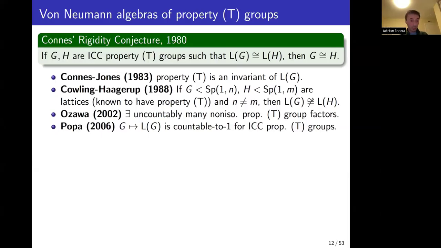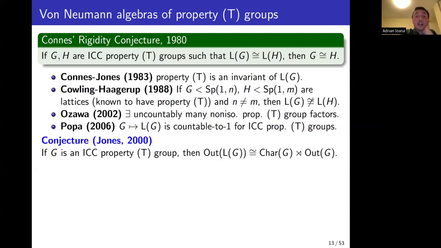So these are all very nice results, but I should say that despite this, there was really not much progress on Connes' rigidity conjecture. And this is despite the fact that there's been quite a bit of interest in it over the years.